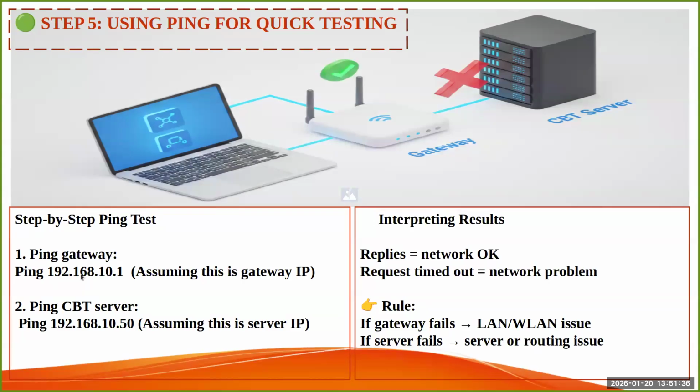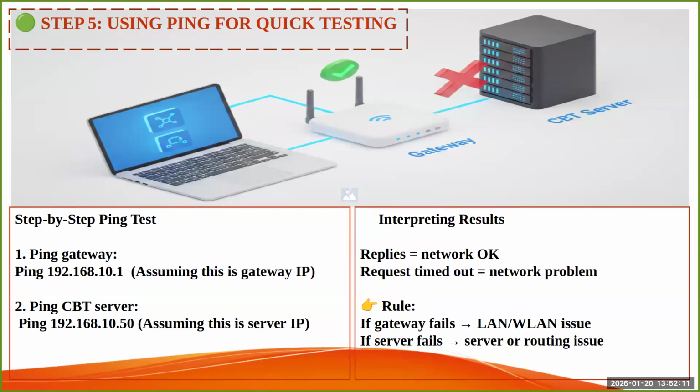If we are using 192.168.10.1 as our IP family, that means our gateway will be .1. And if our server is .50 on this same network, assuming .1 is our gateway, what you do is go to your command prompt and type ping, spacebar, 192.168.10.1, hit enter and check the response.